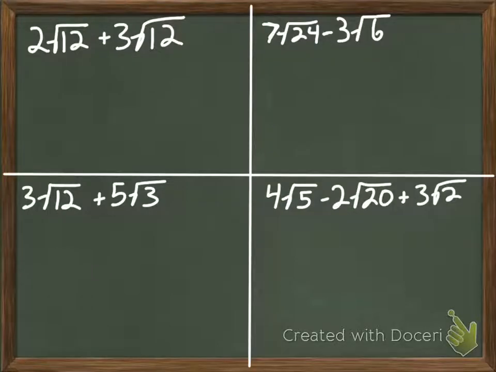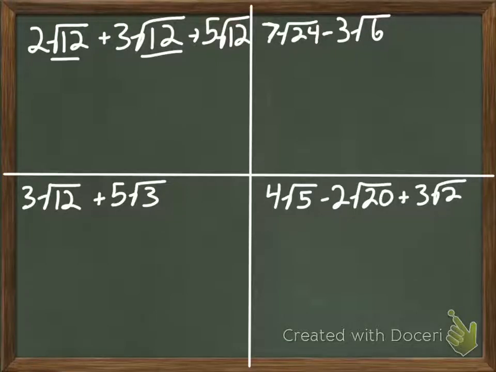Okay, I'm going to do the top two examples with you, then have you do the bottom two. And here we're going to start applying more of what we did with simplifying square roots to our operations. So we have 2 square root 12 plus 3 square root 12. Hey, square root 12, they're the same, so we can add the numbers in front and we get 5 square root 12.